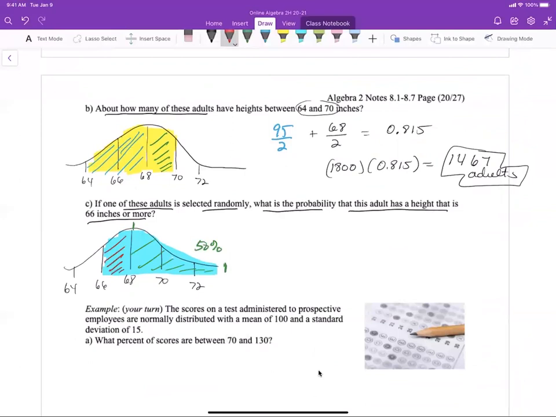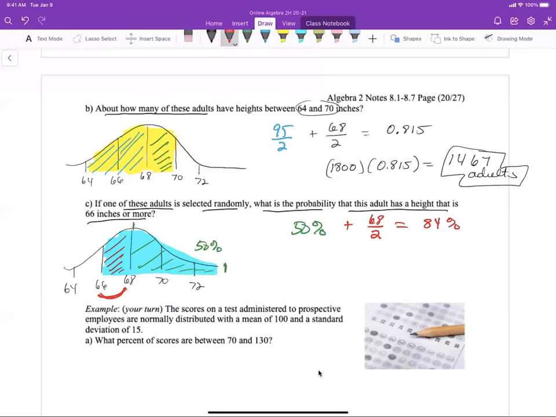So I'm going to take that 50% of the data, and then I'm going to add to it this portion here between 66 and 68. Well, that's 1 sigma. So we know that 1 sigma is 68%, but I only have half of that because it's not to the left and right, just to the left. And so I've got to divide that by 2. And if I add that up, I will find that to be 84%.